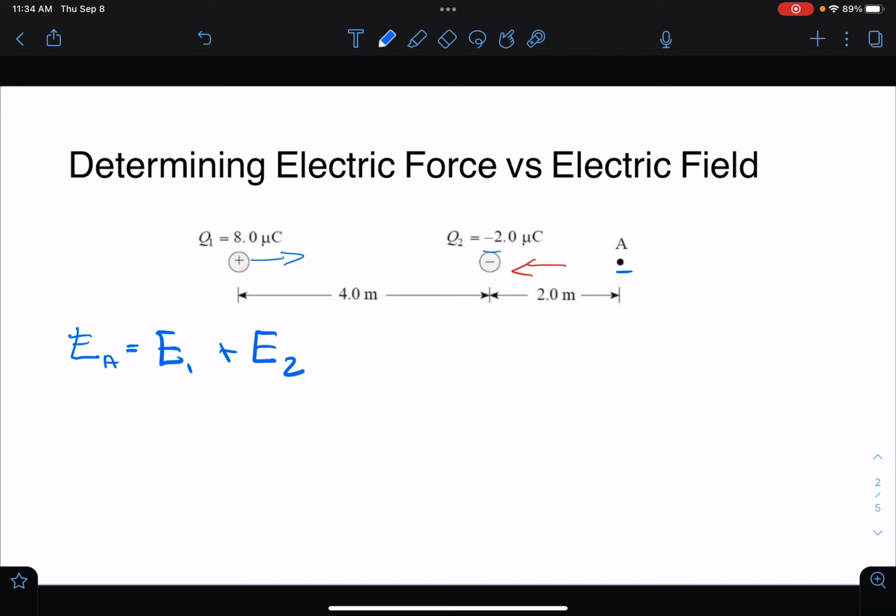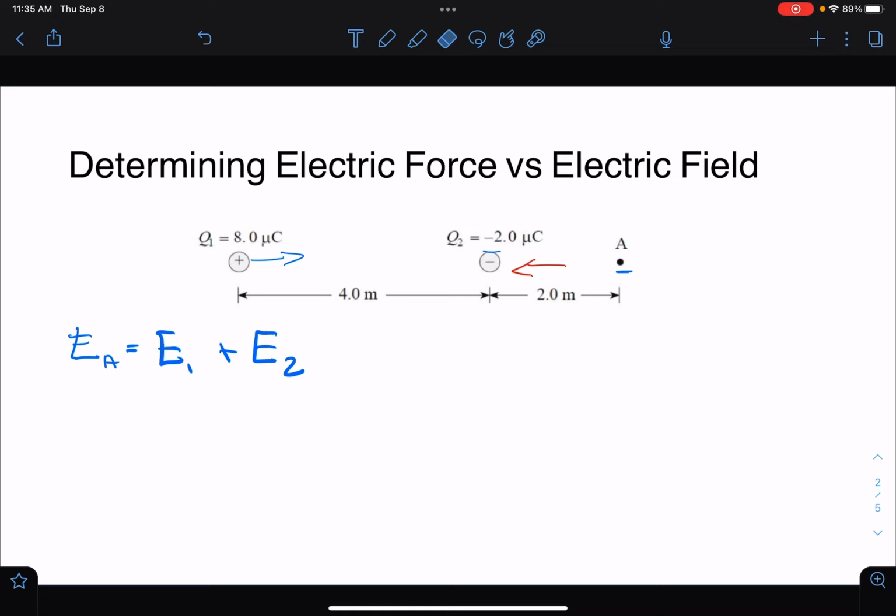So for field 1, we've got KQ, which is your 8 microcoulombs, divided by the radius squared, and note that the radius would be that full 6 meters. Our electric field 2 would be KQ, which would be negative 2 microcoulombs, with our radius of 2, which would be the r squared. And so you can solve in that manner.